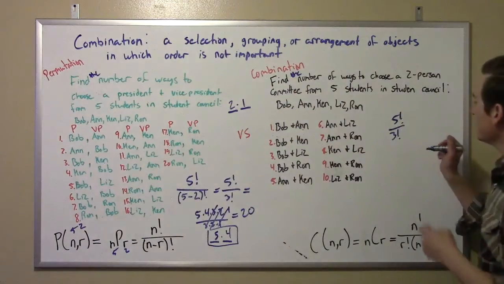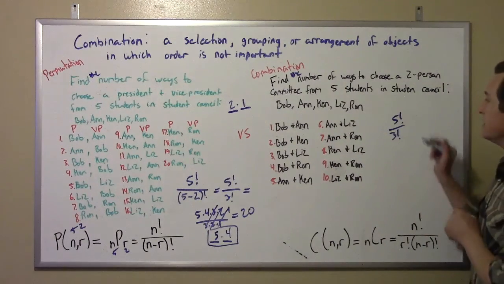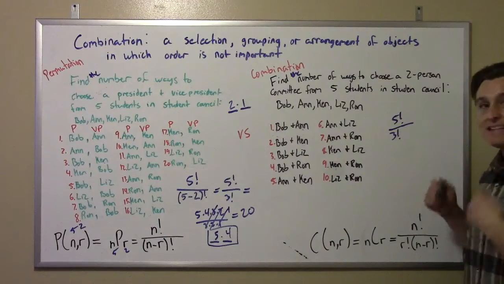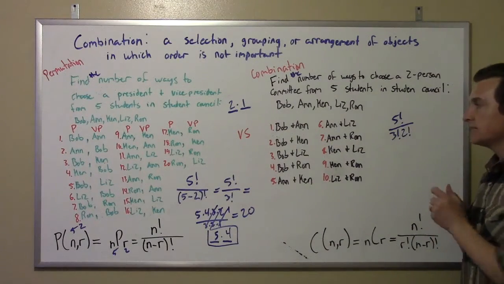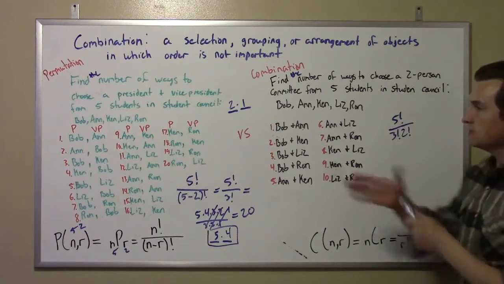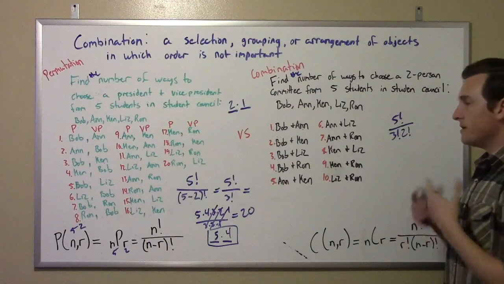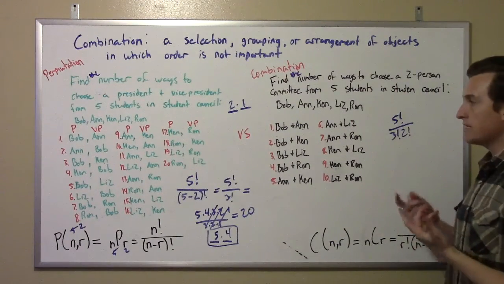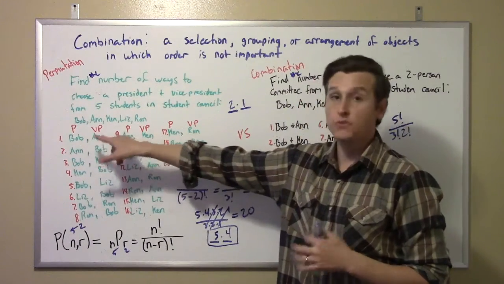So what you do here is say, okay, 5 factorial over 3 factorial is all the permutations. What I need to do is make that less. So I divide it by however many ways there are to list 2 people, because then you eliminate all the doubles. Now, with bigger numbers, there's more ways. Let's say I had 3 people. How many different ways are there to order 3 people?